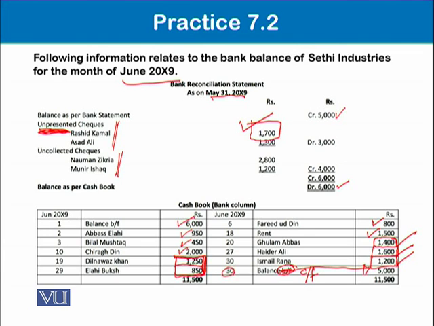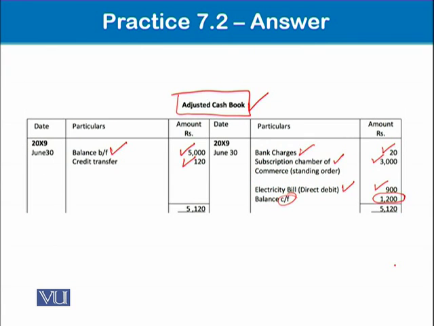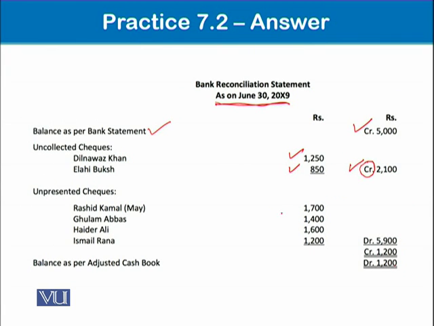Checks those were supposed to be debited in the bank statement, but we could not trace them in the bank statement. So we will put these 4 checks here, 1, 2, 3, and 4 in the bank reconciliation statement as debit effect. And now that algebraic formula, credit and credit, you will add, and this debit you will subtract.